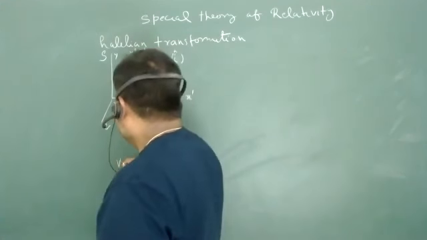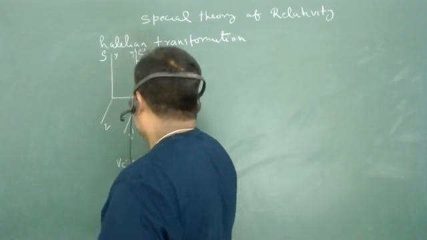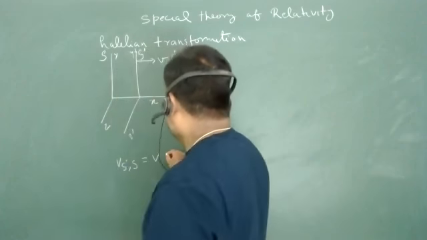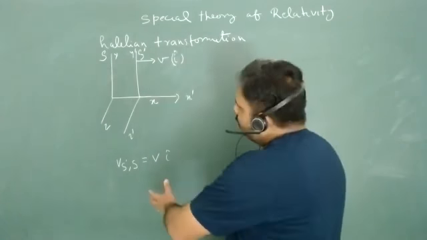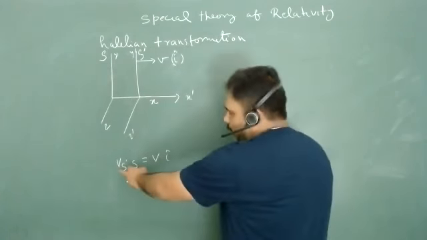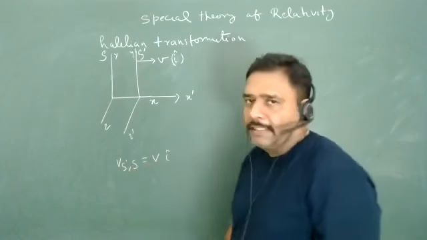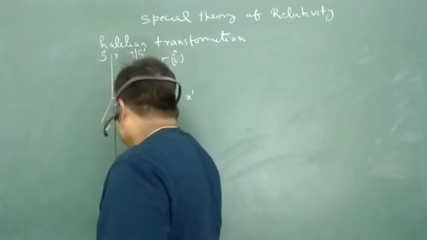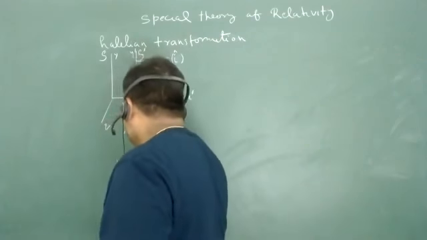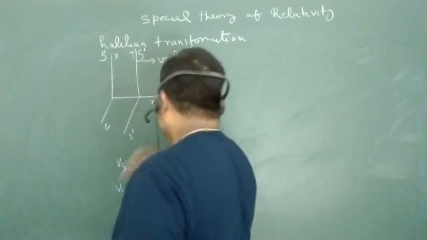What will be the velocity of S dash with respect to S? That is v in the i cap direction. And at the same time, the velocity of S with respect to S dash will be minus v, obviously in the i cap direction.